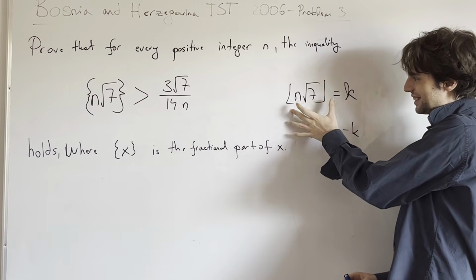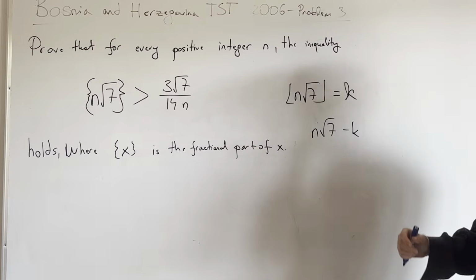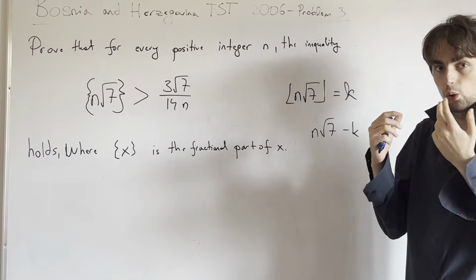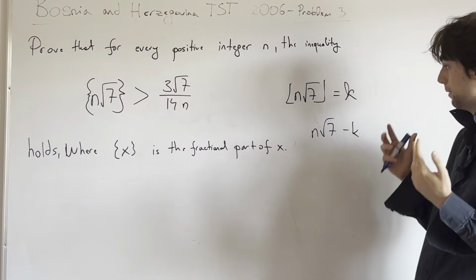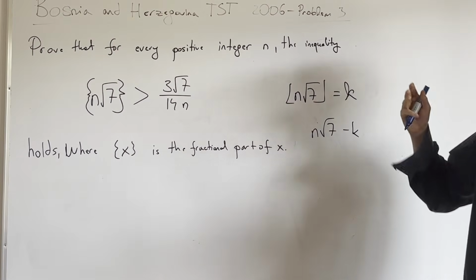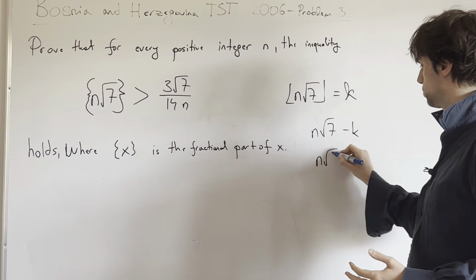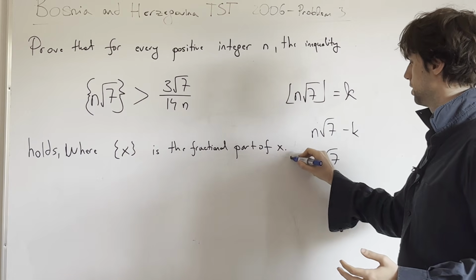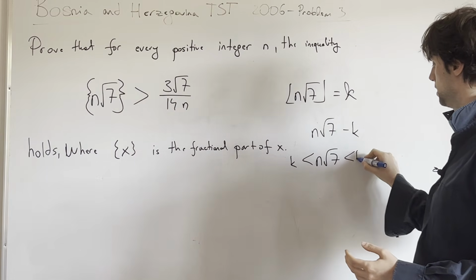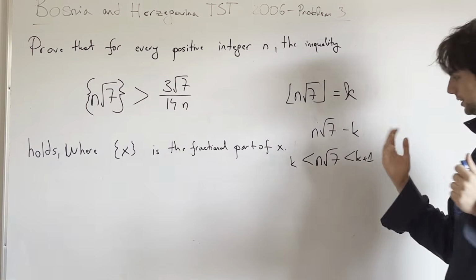If the floor of n square root of 7 is equal to k, what does that tell me? Well, this means, by definition, that n square root of 7 is greater than k and less than k plus 1. It's as simple as that.